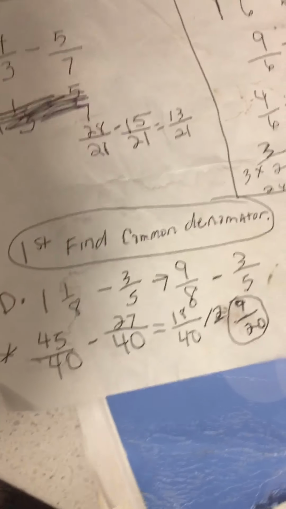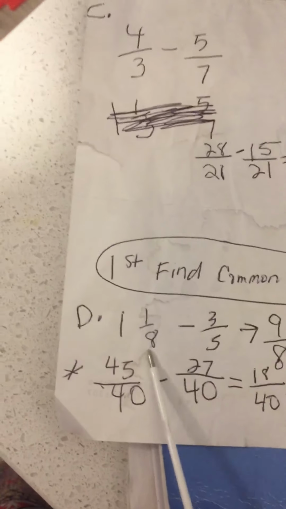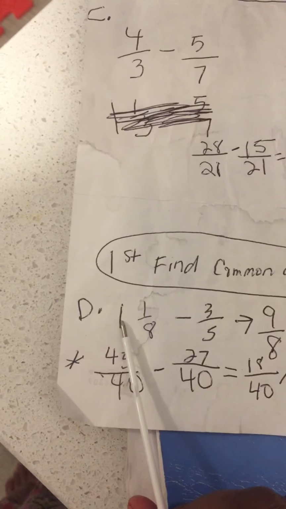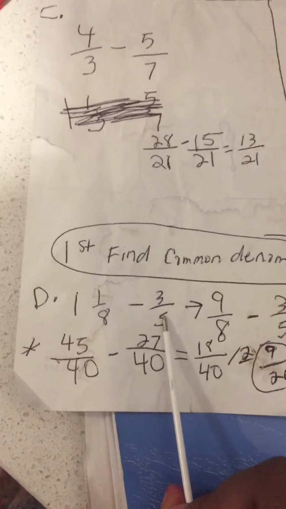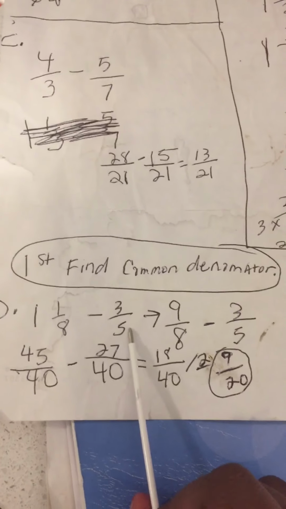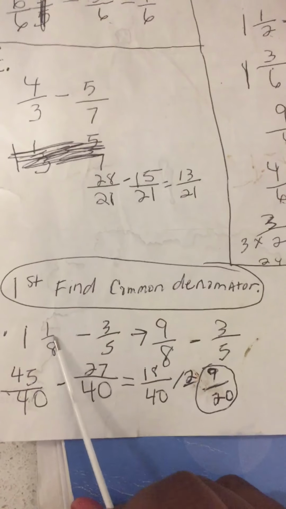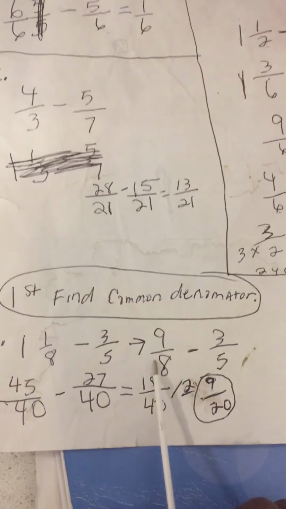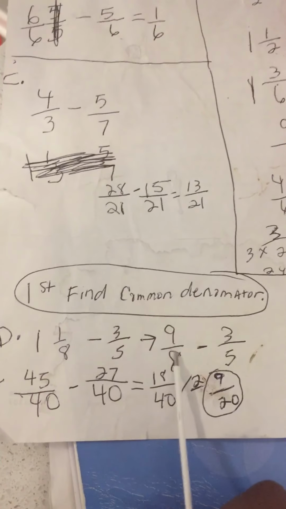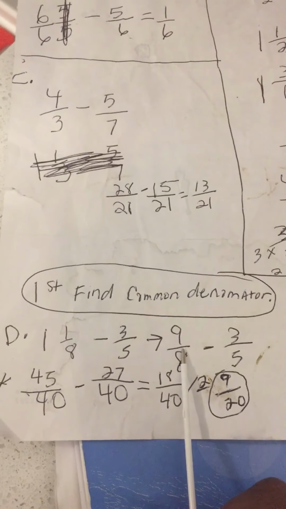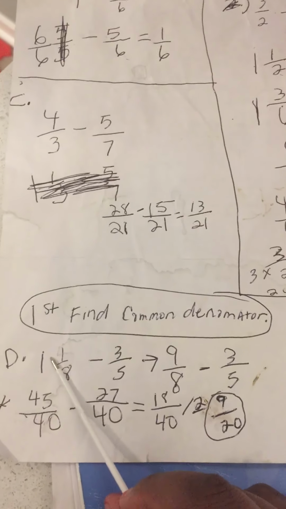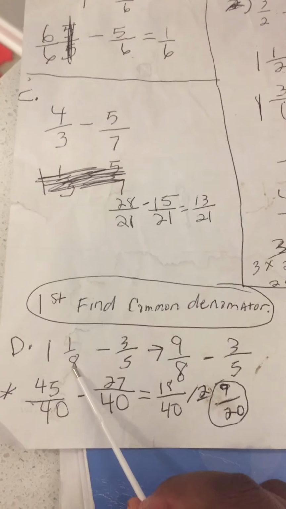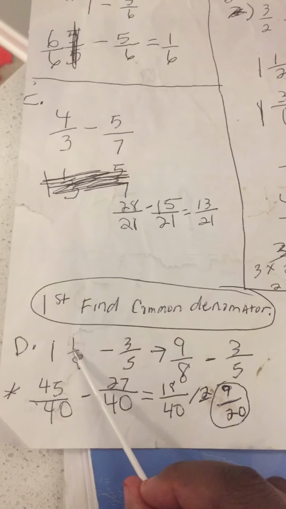Okay, so moving on. We're going to move to this one right here. 1 1/8 minus 3 over 5. So what I went ahead and did is turned that 1 1/8 into an improper fraction. So all I did was take 8 times 1 plus 1. 8 times 1 plus 1 is 9.